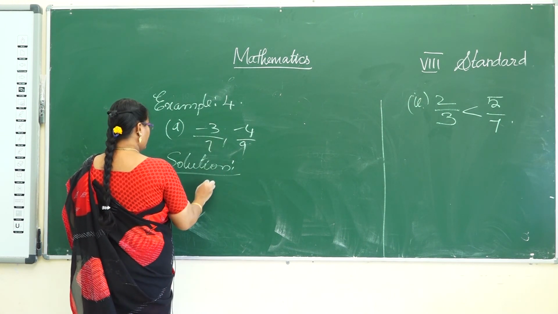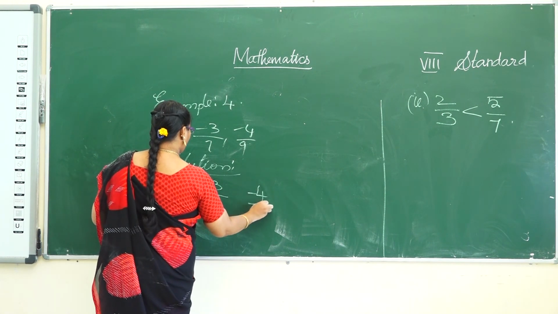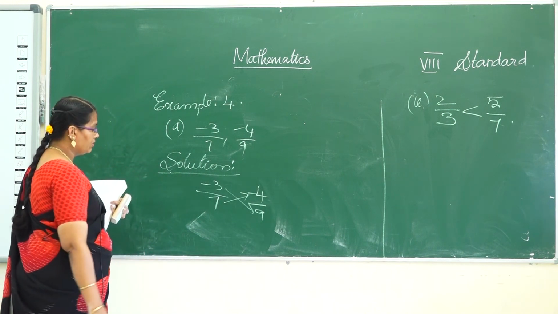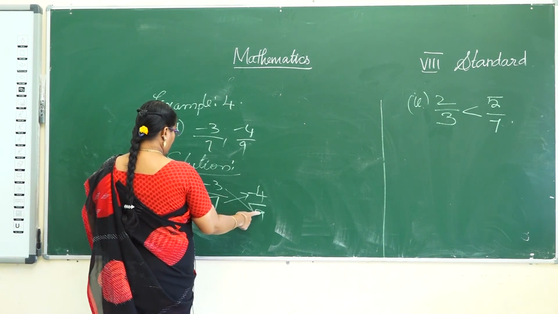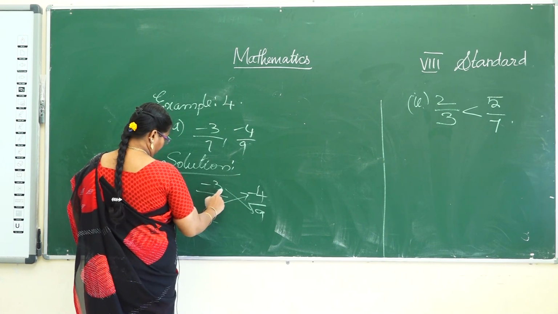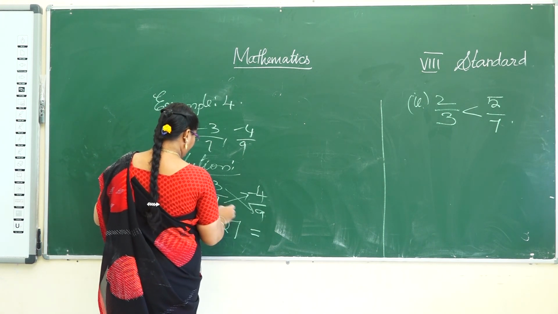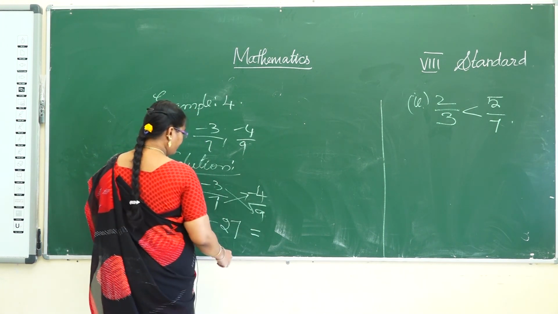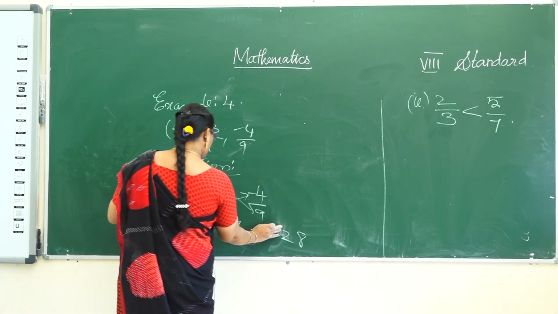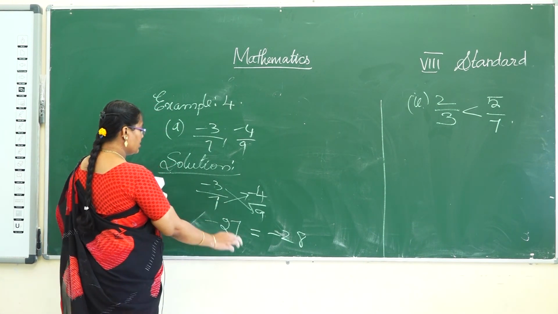First write these two values, minus 3 by 7 and minus 4 by 9, and cross multiply the given two rational numbers. So, minus 3 into 9, what do we do? Multiply. Okay. Minus 3 into 9 is minus 27, equal to 7 4s are minus 28. Minus into plus is minus.